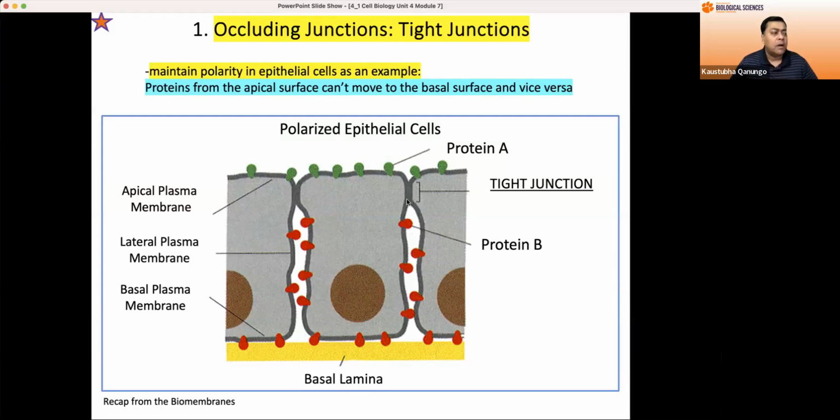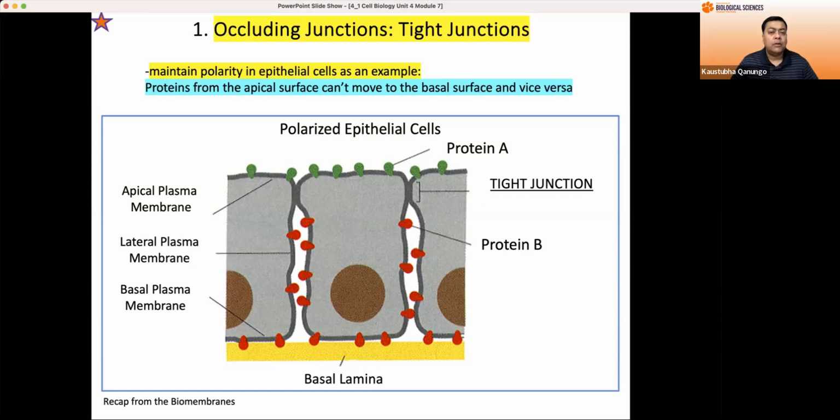So only a few selected molecules can be moved. And the tight junctions also fence off the plasma membrane domains to prevent the mixing of the apical and the basal surface proteins. So it essentially fences off these green and the red proteins. So these are the two most important functions.